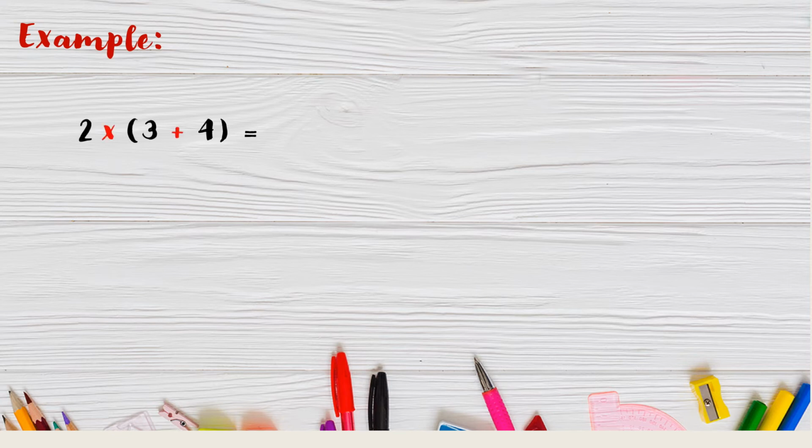Example, 2 times the quantity of 3 plus 4. First, let us distribute 2 times 3 plus 2 times 4. Take note that operations inside the parentheses should be solved first.